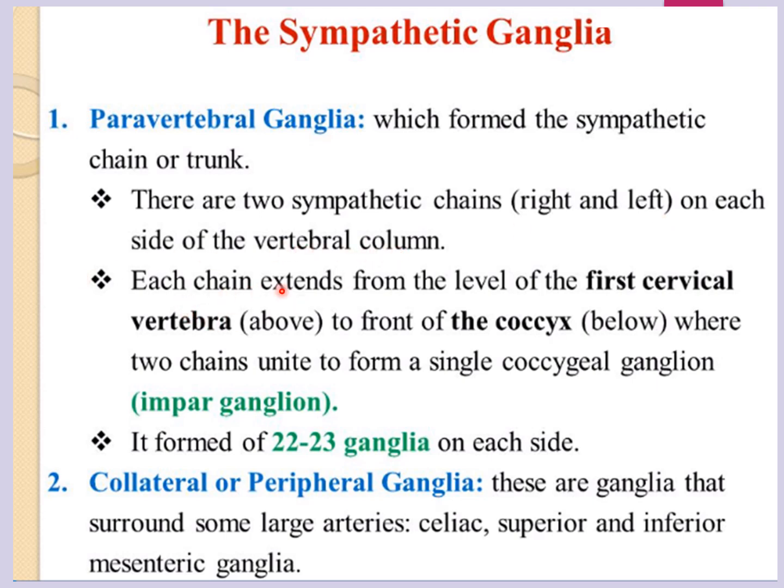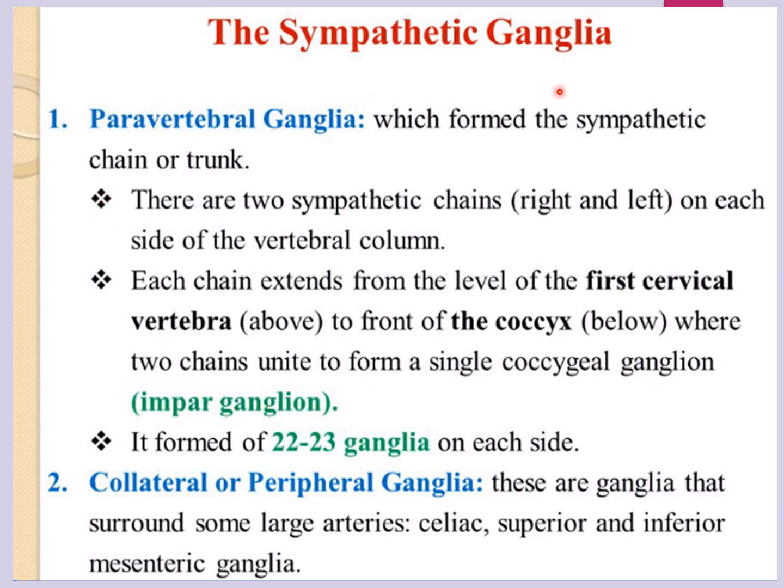Now each sympathetic chain extends from the level of the first cervical vertebra, that is atlas, to the front of the coccyx, where the two chains unite to form a single coccygeal ganglion, also known as the ganglion impar.